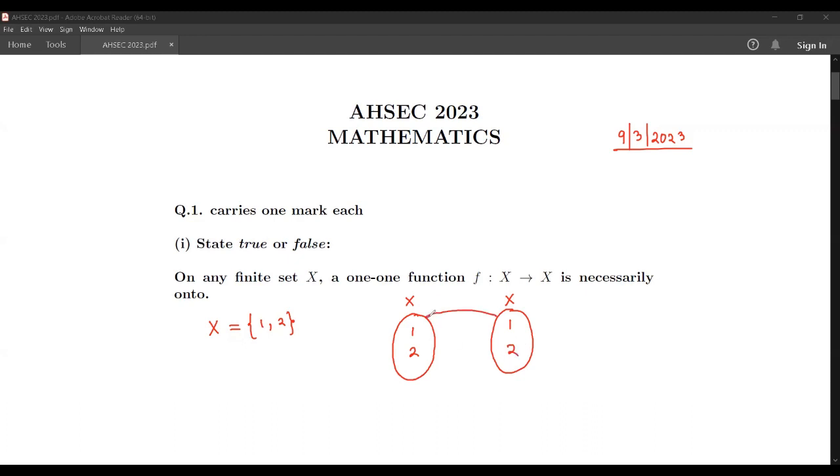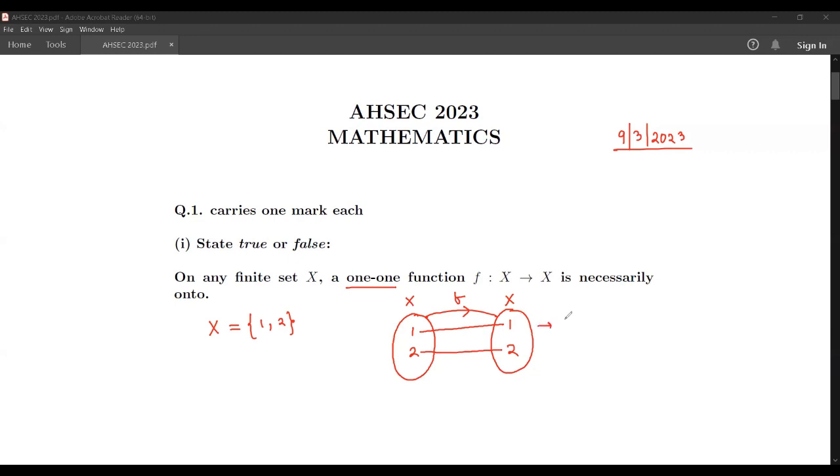And this is our function, which is given to be 1-1. So if this is 1-1, then what will happen? Either 1 will go to 1 or it will go to 2. Suppose 1 is going to 1 and 2 is going to 2. So in particular, I have taken this case.